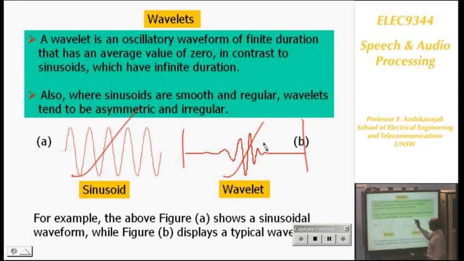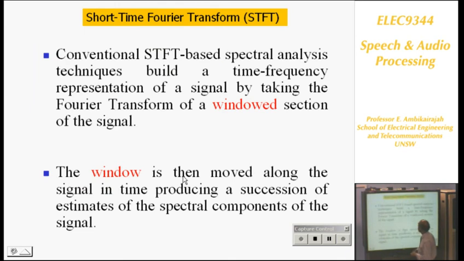Not only that, this wavelet can be stretched or compressed. The number of cycles here will always be the same. If the number of cycles in the waveform is the same whether you compress or stretch, that means it's constant Q. That means the bandwidth varies. Here, the number of cycles are the same, so it has a constant Q. You'll know a bit more when you go further.